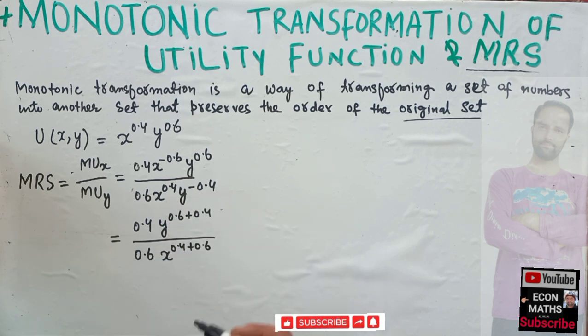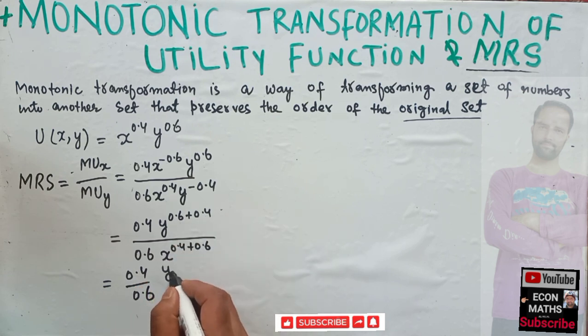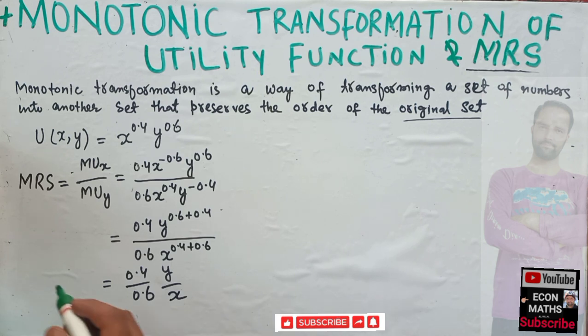This is a simple transformation. So this comes out to be 0.4 upon 0.6, and y upon x. This is our marginal rate of substitution.